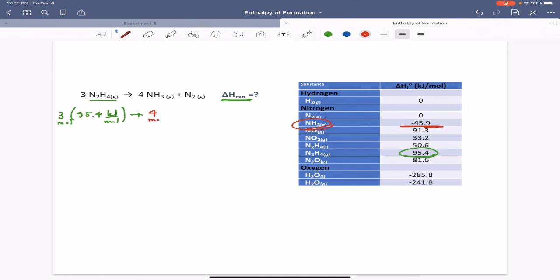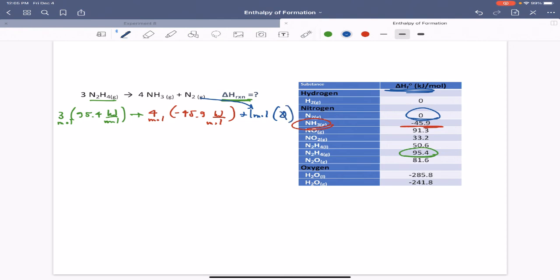We have 4 moles, and the enthalpy of formation of the gas is negative 45.9 kilojoules per mole. We also have nitrogen as a gas, 1 mole of that. For elements in their standard state, there's no change: 0 kilojoules per mole.